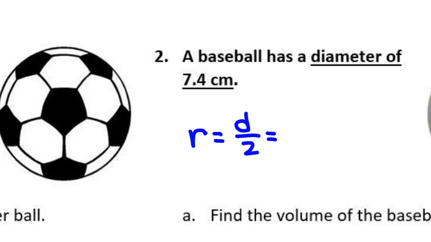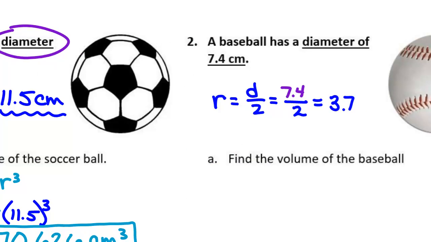We take our diameter of 7.4, cut that in half, and we get 3.7 centimeters for our radius.